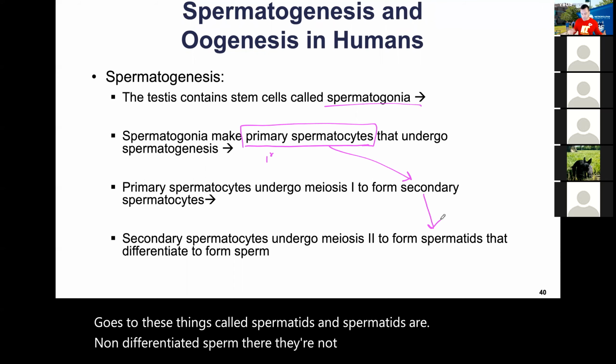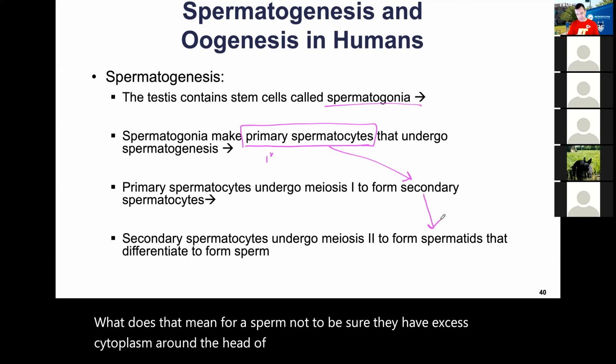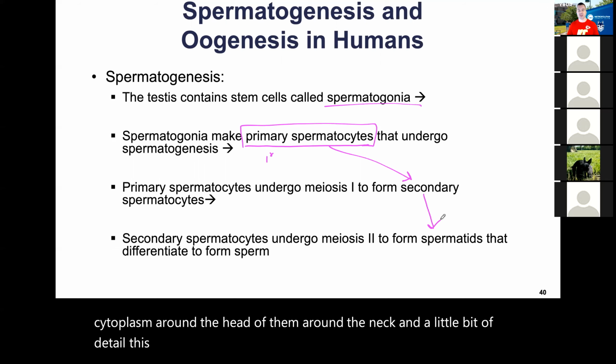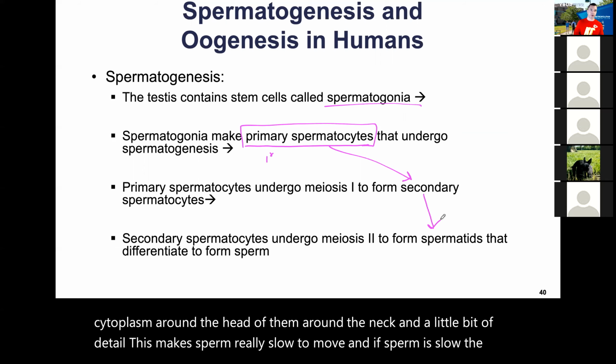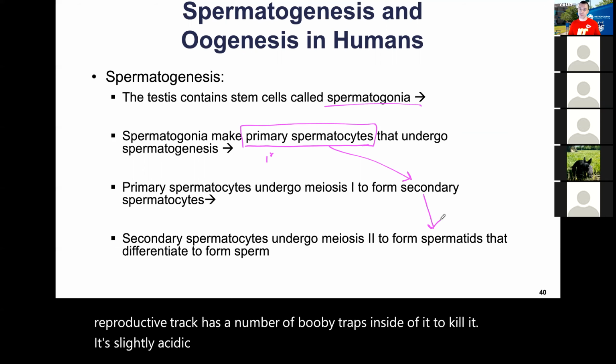What does that mean for a sperm not to be mature? They have excess cytoplasm around the head, around the neck, and a little bit of the tail. This makes sperm really slow to move. And if sperm is slow, the female reproductive tract has a number of booby traps inside of it to kill it. It's slightly acidic for one, so it'll destroy the sperm that way if it stays around too long.